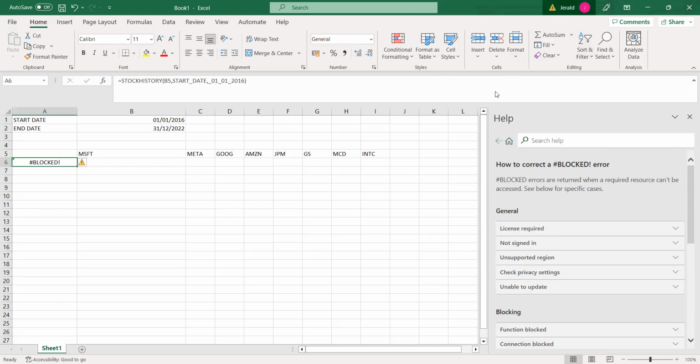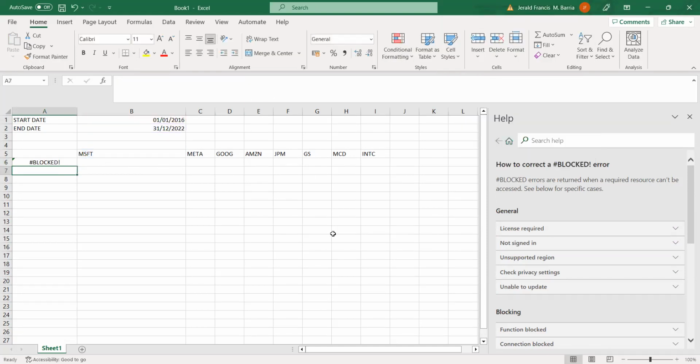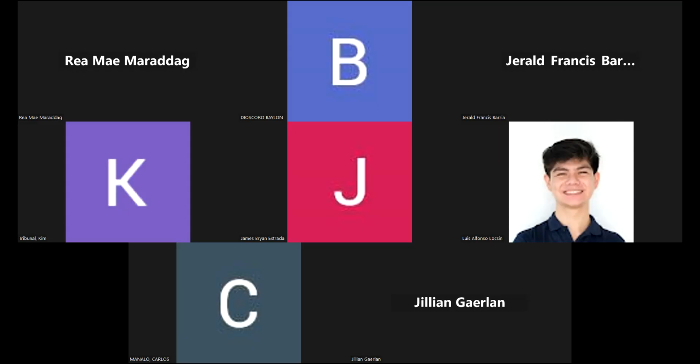Ganun din kay Rhea, siguro magpaano ka. Kasi baka hindi siya nag-work kung ano eh. Bakit kaya naka-block? Yeah, I think that must be the case, sir. Pero yung sa akin, ginamit ko rin po yung 365 subscription ng school, pero block yung akin. Block din. Okay. So siguro ay kay Kim ganun din, no?